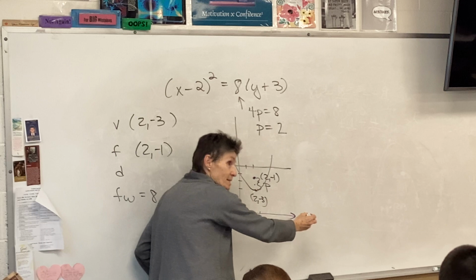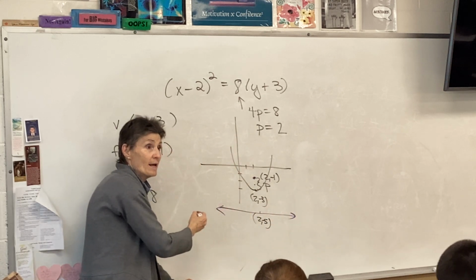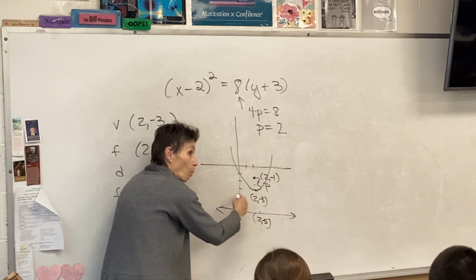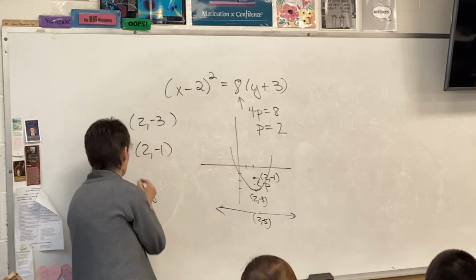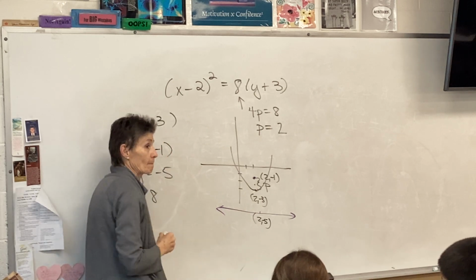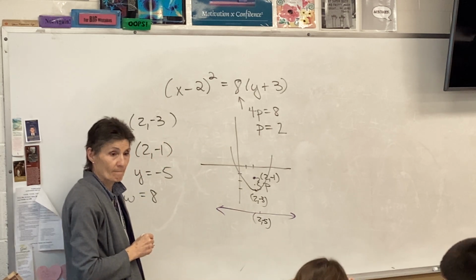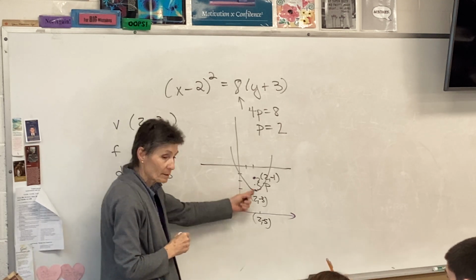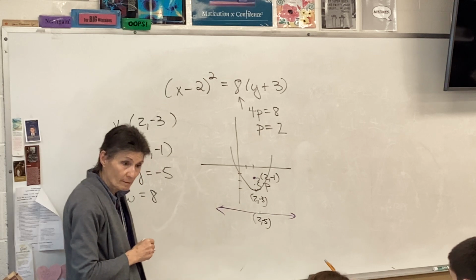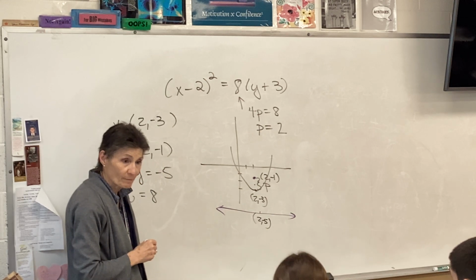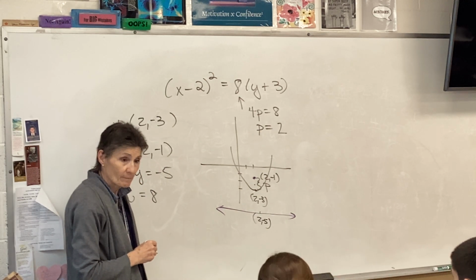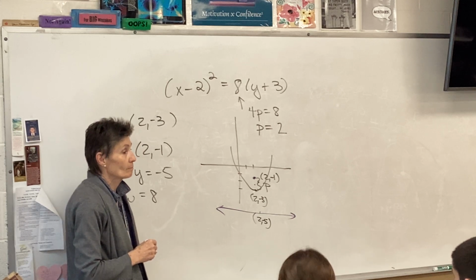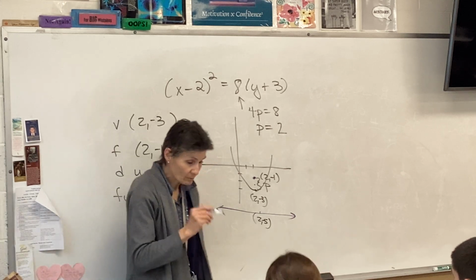The directrix is the line, and the line is y equals negative 5. On the focus, why do you not move the opposite? You're only moving the y. Because you're going up. Which direction is y? Up, right? Yeah, but if it was the other way, you'd move the x. You're counting on your graph paper.